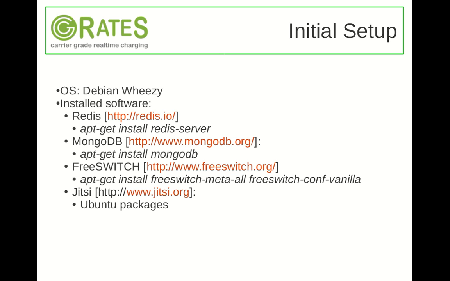Regarding our initial setup, we have chosen Debian Wheezy as the latest Debian stable, and in order to speed up the demo process a bit, we have pre-installed Redis, which is to be used as CGRateS DataDB, MongoDB, which we will be using for CGRateS LogDB, and FreeSWITCH out of a local repository here in Europe by simply installing meta-all and conf vanilla packages.